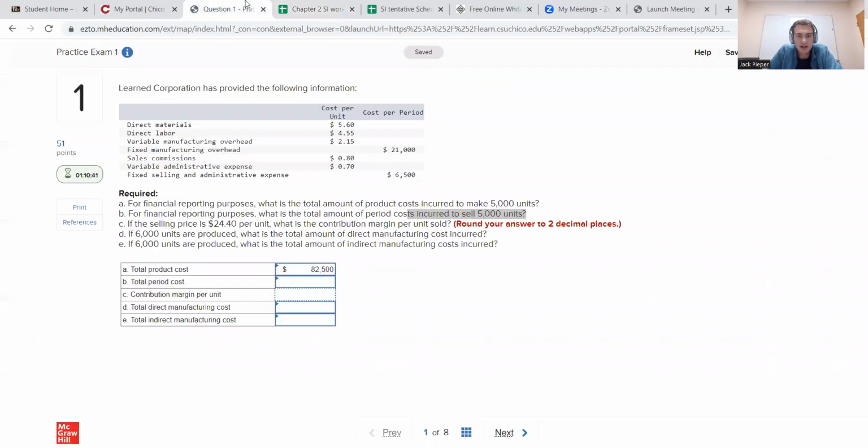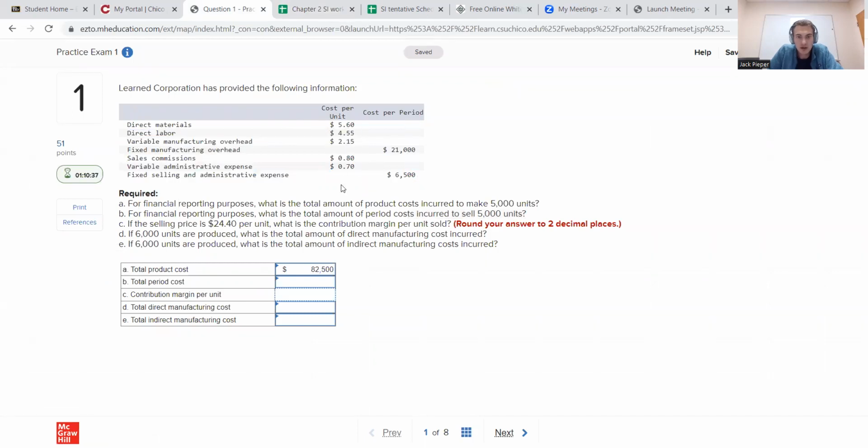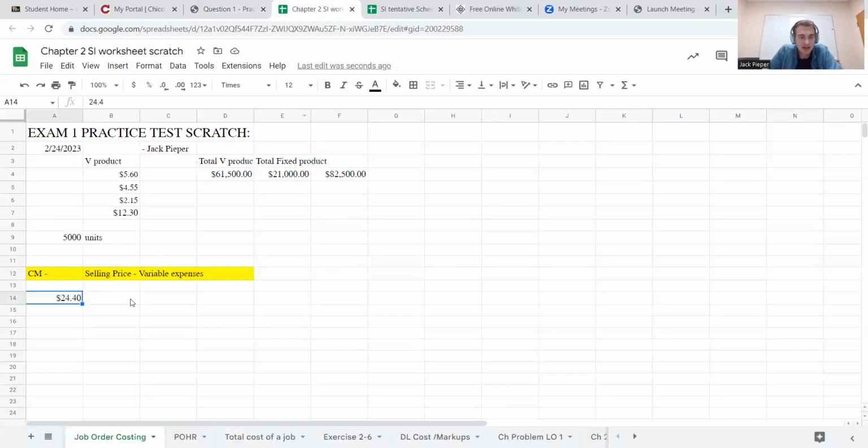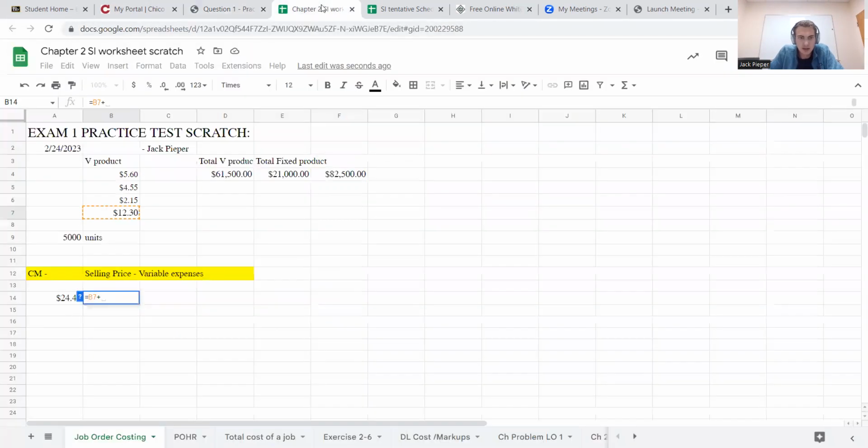All right, and now we're going to subtract all of our variable expenses, and conveniently it has them all right here. So we would add all of these up. I'm just going to take the 12.30 that I calculated for my variable product expenses, and I'm going to add in manually 80 cents plus 70 cents, which is $1.50.